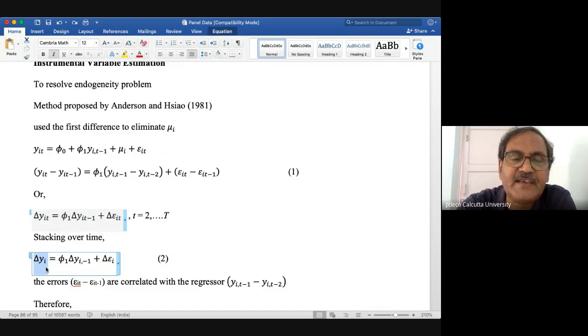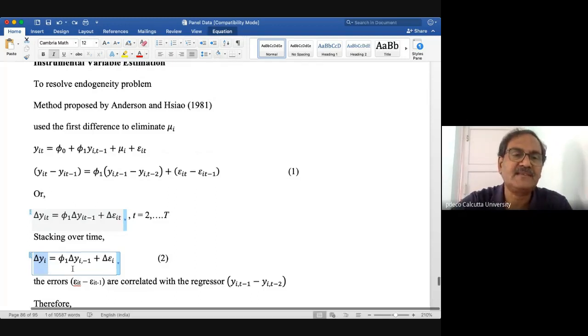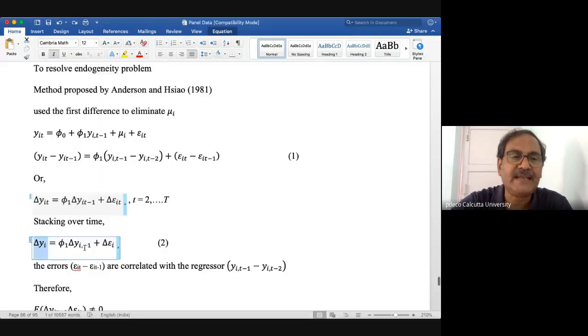Similarly, the vector you have in the right hand side, let us denote it as delta yi minus 1, that is, it is related to the past value, 1 period lag value, plus delta epsilon i. So delta epsilon i means it is a column vector which is equal to delta epsilon i1, delta epsilon i2. In this way, delta epsilon iT.